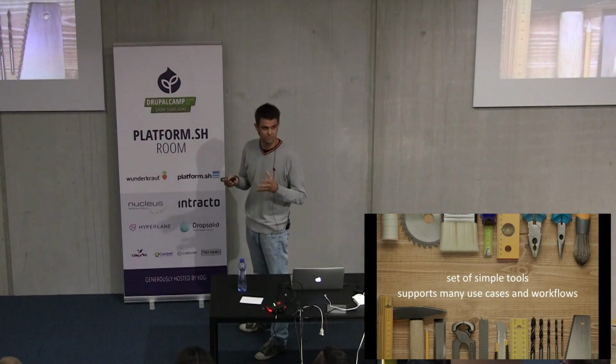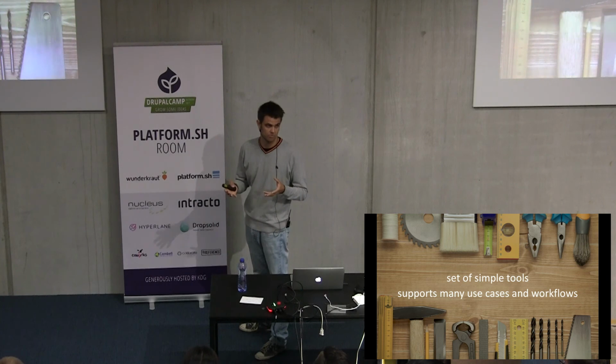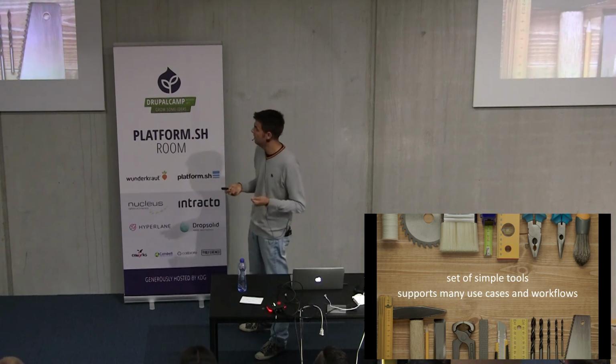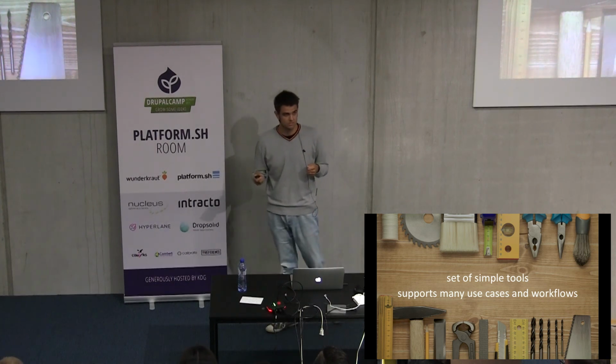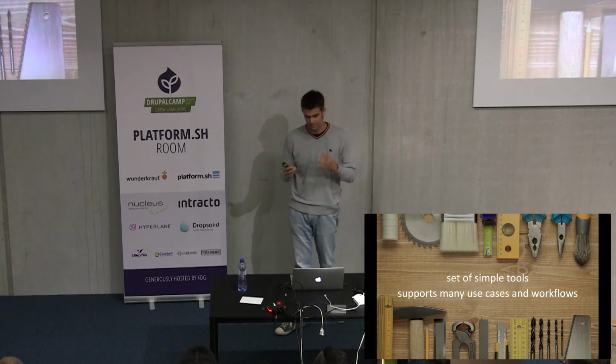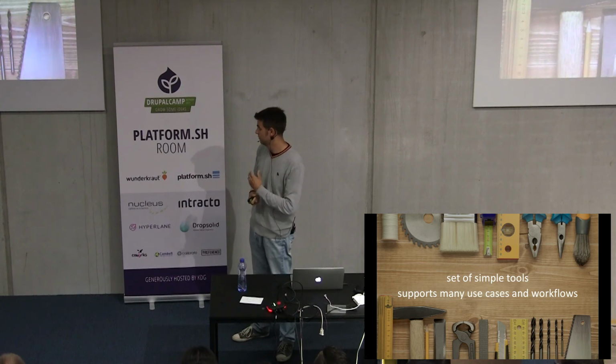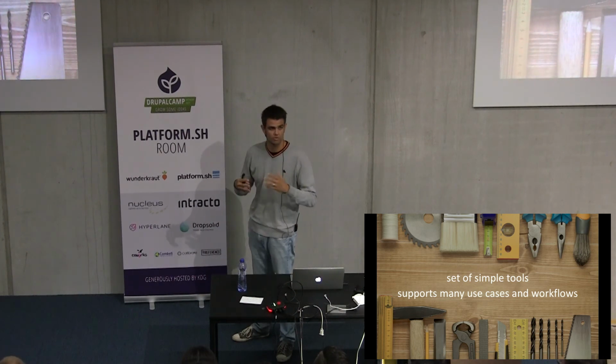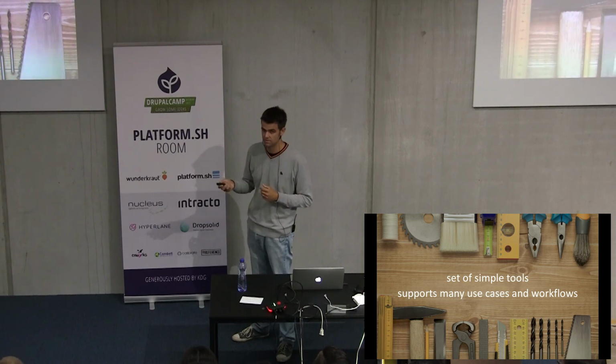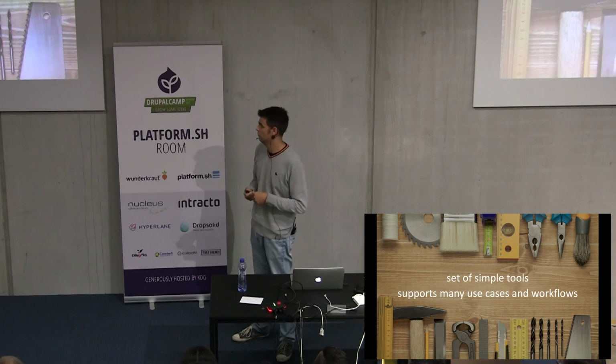It's actually a very simple set of tools which you are provided with, coming from Drupal core. So you don't have to install any modules to get started on this. And it supports many use cases. It's really the philosophy of Drupal that you get a basic implementation or basic APIs and a certain way of working, but you can make your own workflow of it. So it supports many use cases. That's also what we're going to see later in the more advanced example.